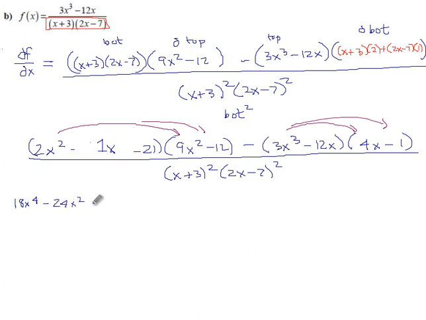Minus 1x times both of those things gives minus 9x cubed plus 12x. Minus 21 times both of those things gives minus 189x squared plus 252.